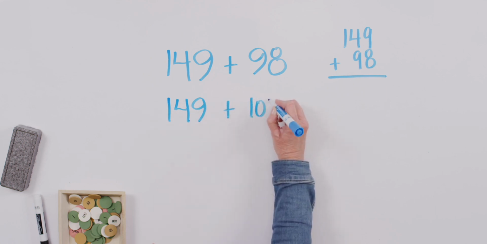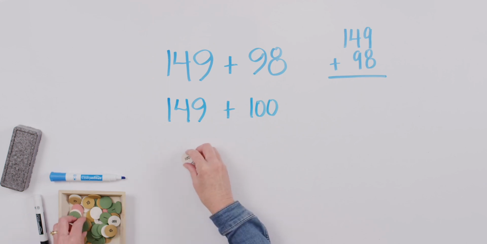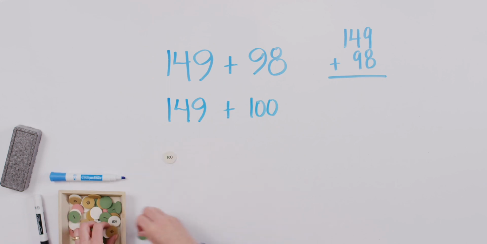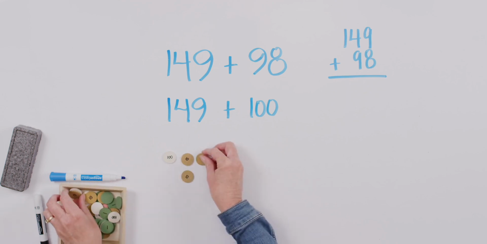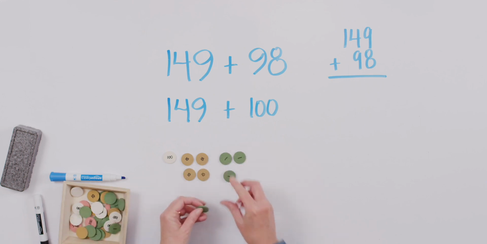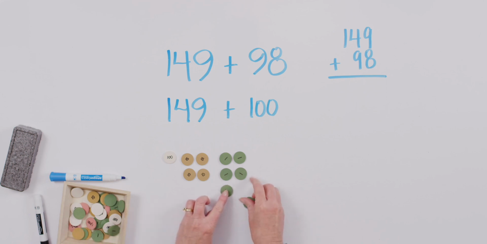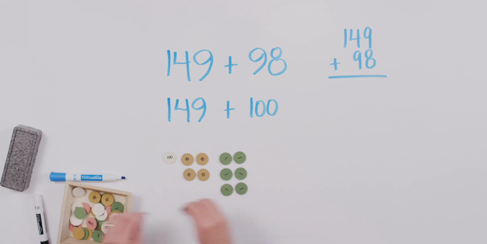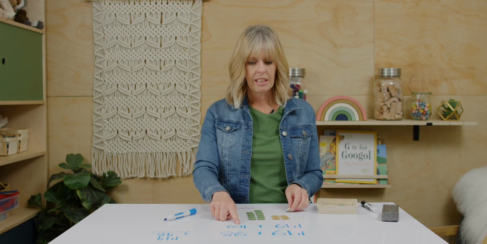100 to it. So by using our place value discs, I have 149 right here, and I'm adding an extra 100.